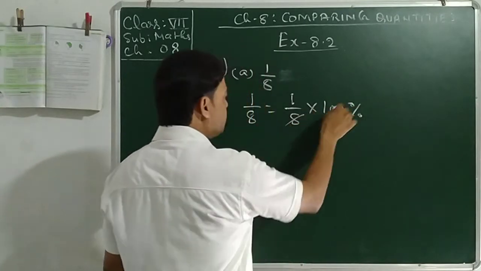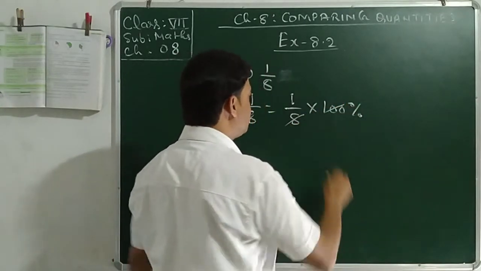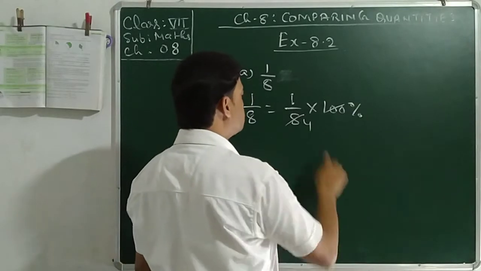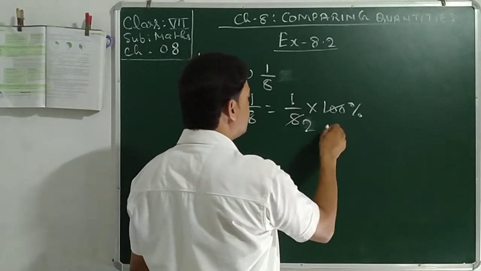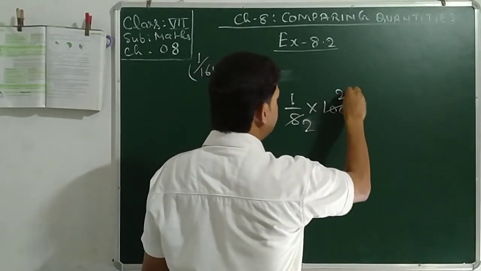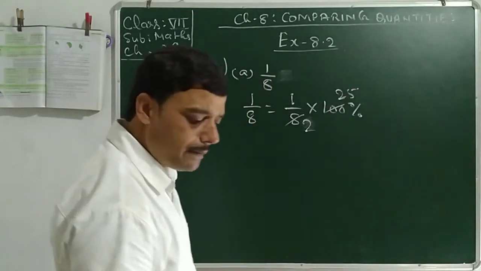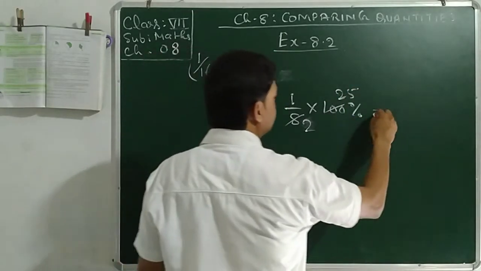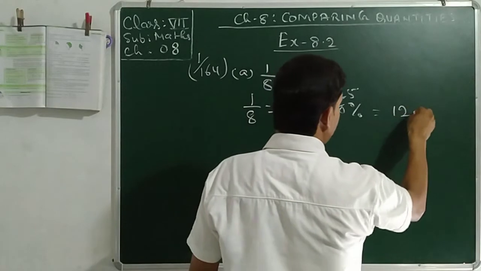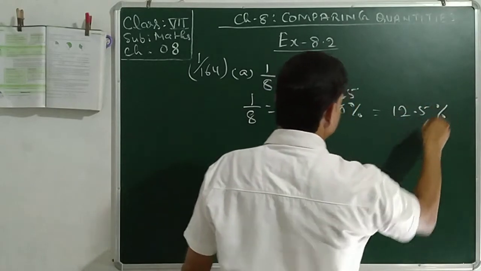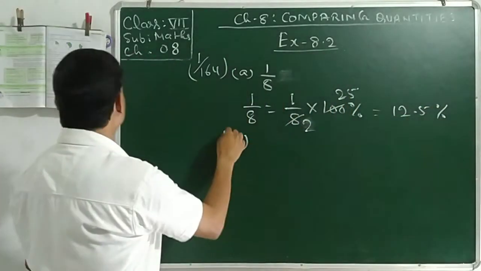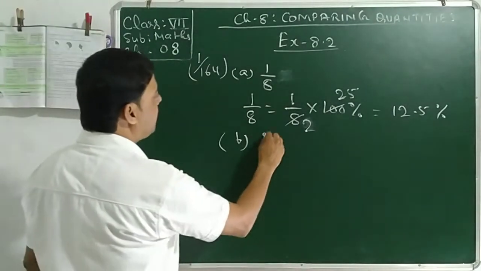Of course, if you reduce it to the lowest term, 4 2s are 8 and 4 25s are 100. So 25 by 2, that can be written as 12.5%. Now in the B number, similarly it's 5 by 4.